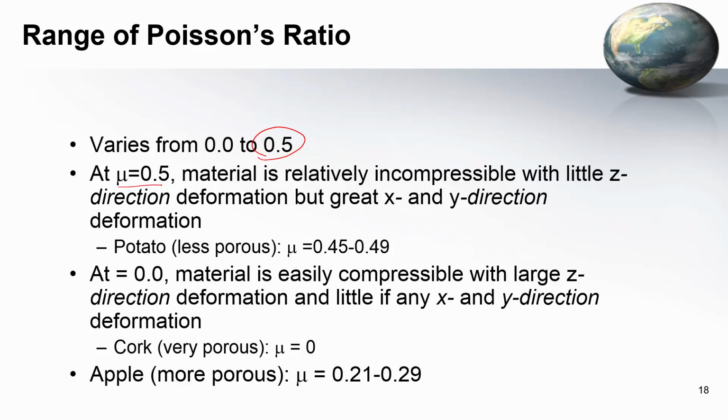If a material is 0.5, that means the material is completely solid without any porosity, like steel. It's completely non-porous, and when you compress it, it has to expand in the other directions, so it will be close to 0.5. Whereas if it is like a cork, very porous, when you compress it, you remove the pore space, it doesn't really expand, then this is equal to 0, so mu equals 0.